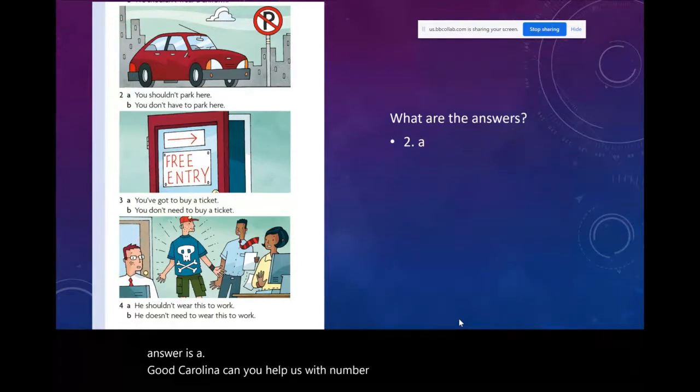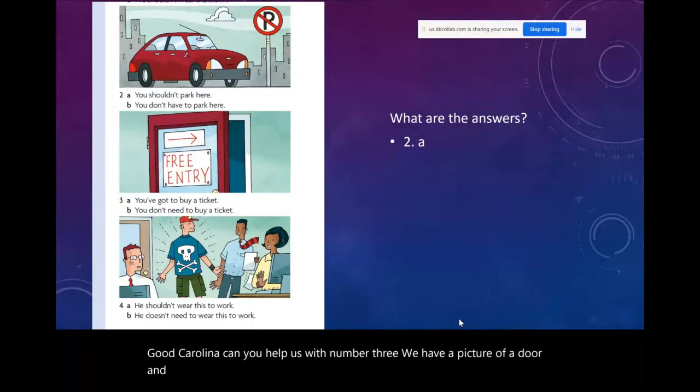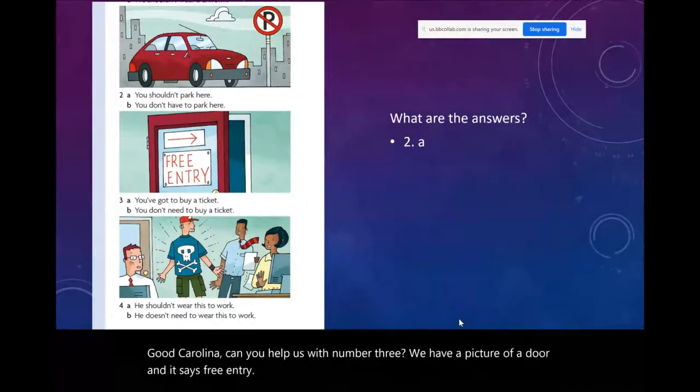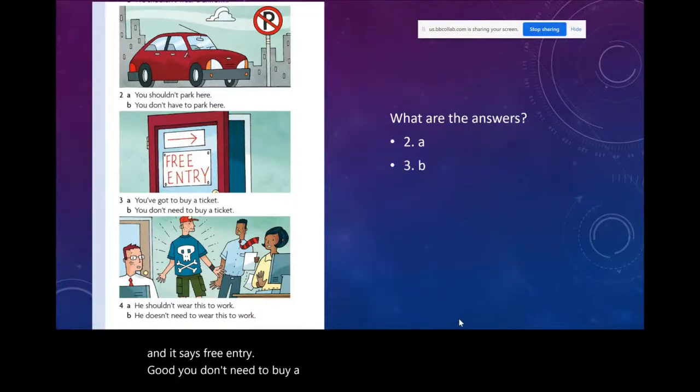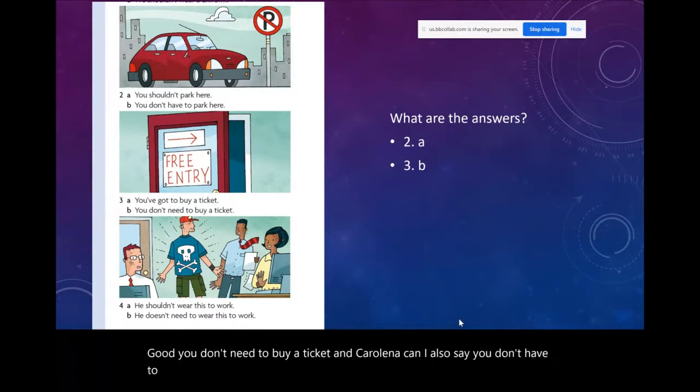We have a picture of a door and it says free entry. It's B. You don't need to buy a ticket. Good. You don't need to buy a ticket. And Carolina, can I also say you don't have to buy a ticket? Is that okay?